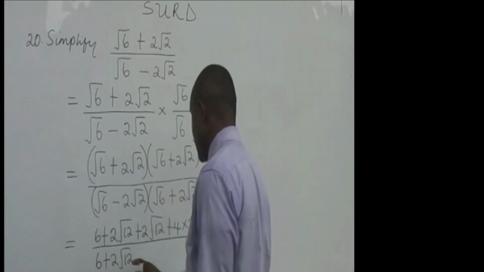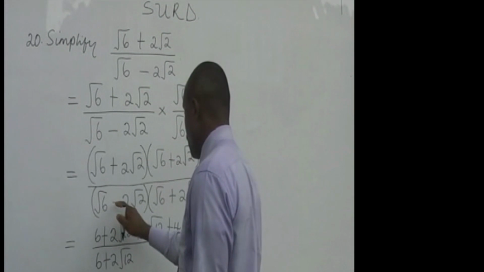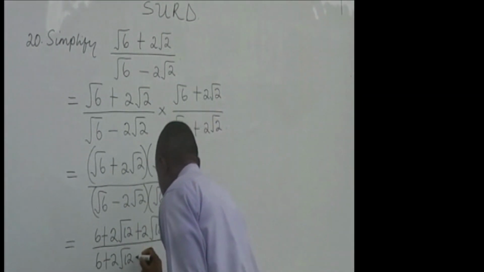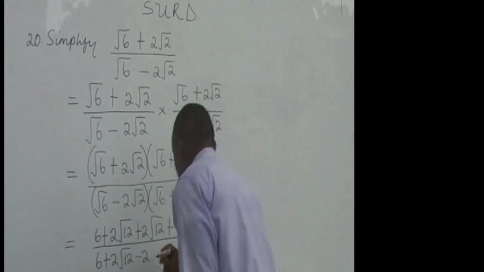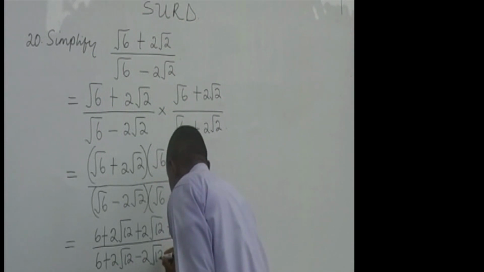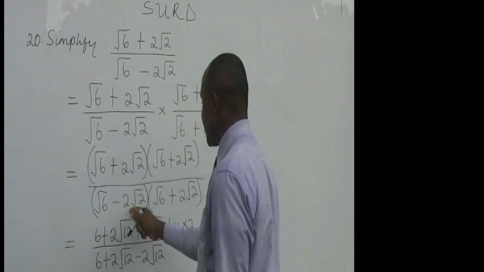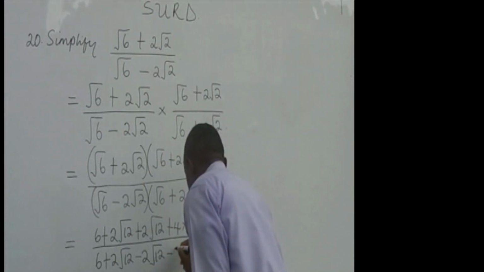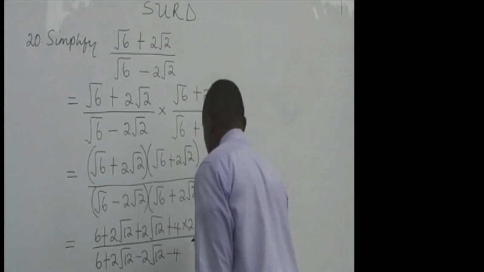First and last to get this. Now the last and the first. Minus 2 times the invisible one that is here will give you minus 2. Then root 2 times root 6 will give you root 12. We'll multiply the last and the first, then the last and the last. Minus 2 times plus 2 give you minus 4. Then root 2 times root 2 will give you 2.